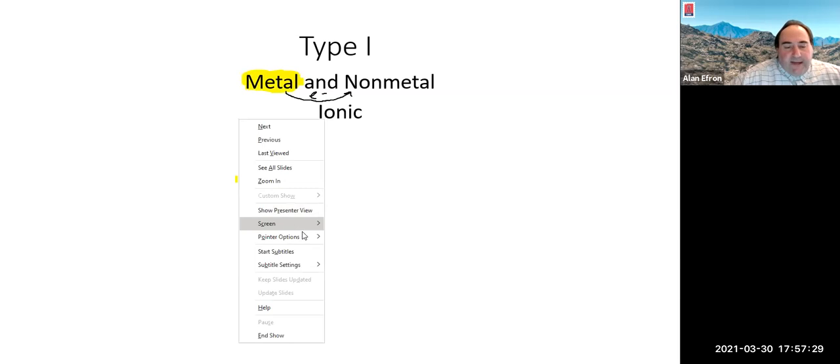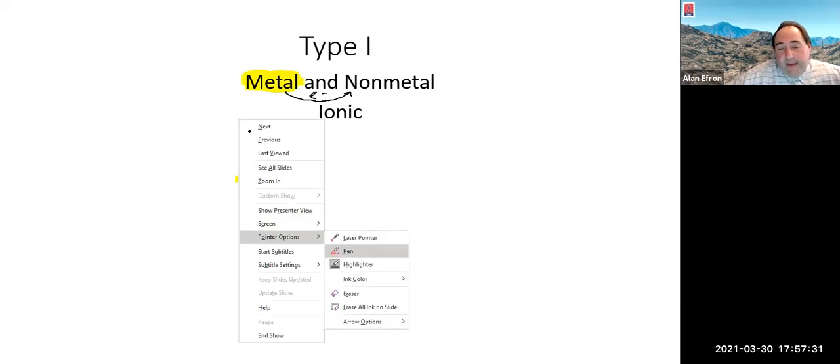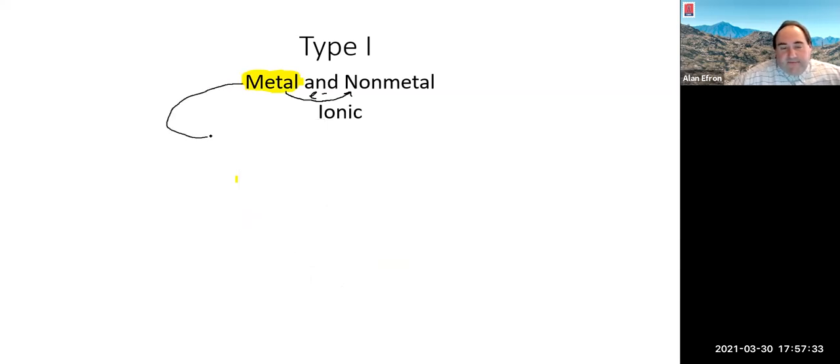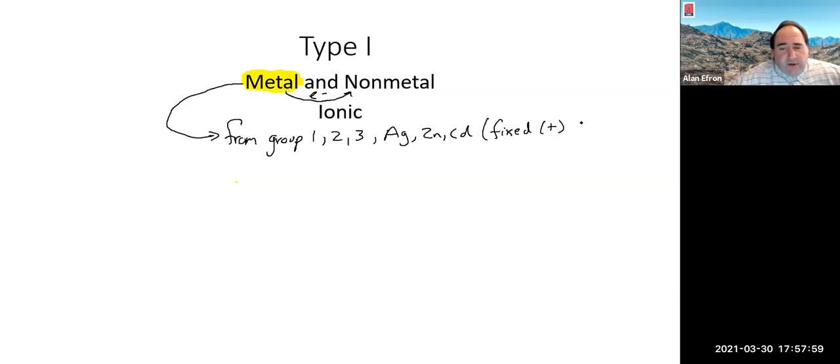In the case of type 1 compounds, the metal comes from group 1, group 2, or group 3 on the periodic table, or it may be silver, zinc, or cadmium. What do all these have in common? They all have a fixed positive charge.